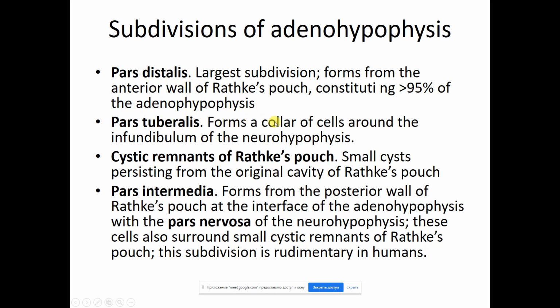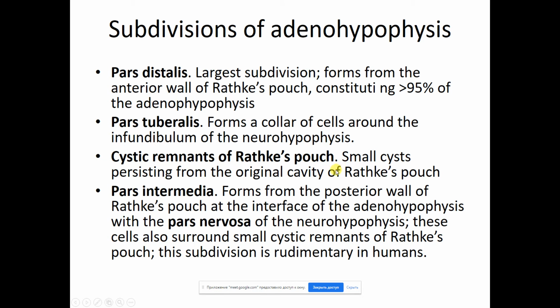Pars tuberalis is a collar of cells around the infundibulum of the neurohypophysis. It's the rest of the 5% of adenohypophysis. Here we have cystic remnants of Rathke's pouch.